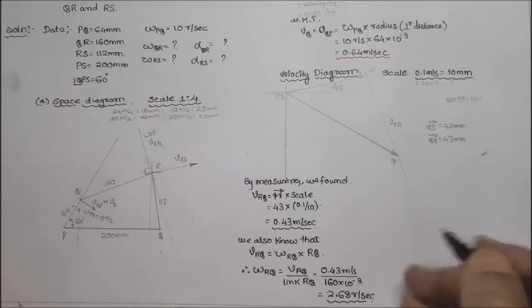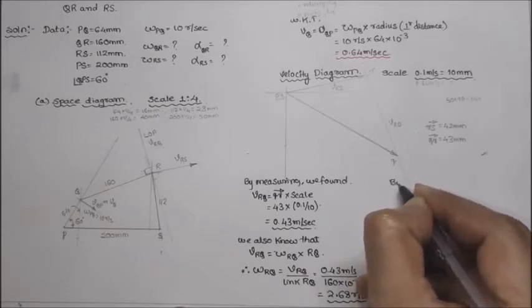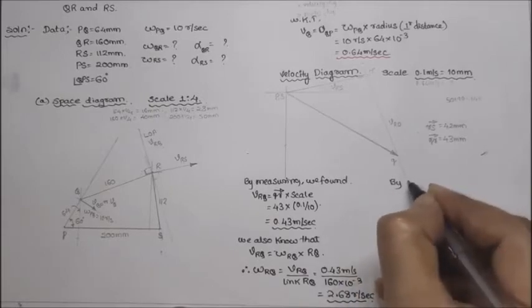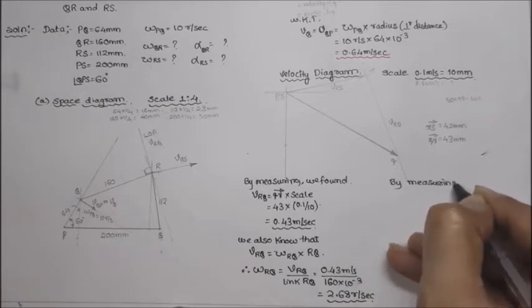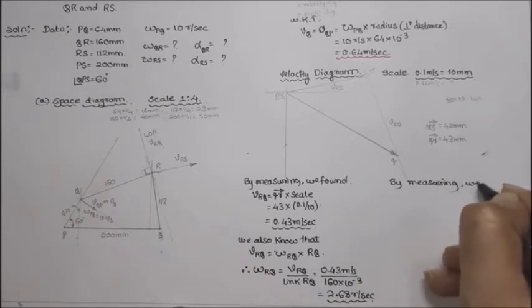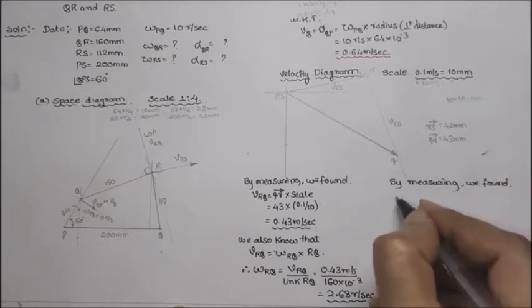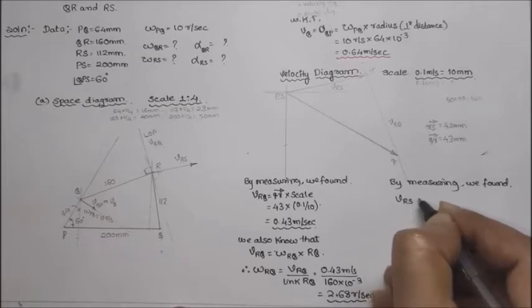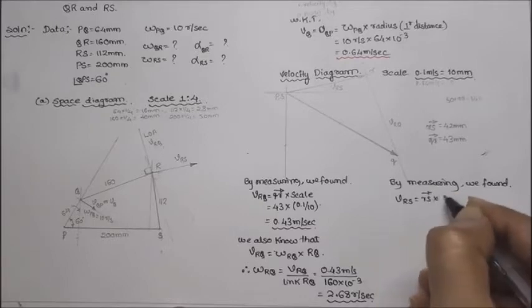Okay. Similarly, by measuring we found velocity rs is equal to vector rs into scale.